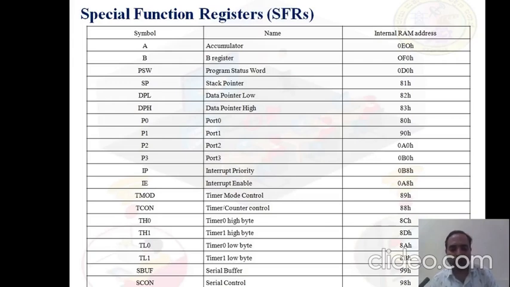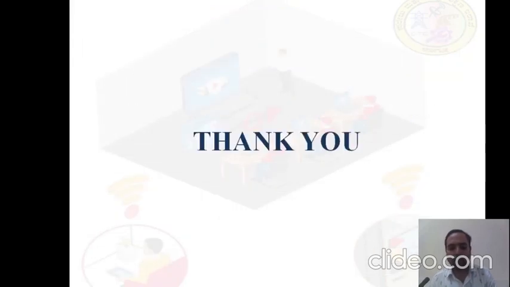Then we have TH0 and TH1, the higher bytes of timer 0 and timer 1. Then we have TL0 and TL1, the lower bytes of timer 0 and timer 1. Then we have SBUF and SCON registers, which have functions in serial communication. Thank you, students.